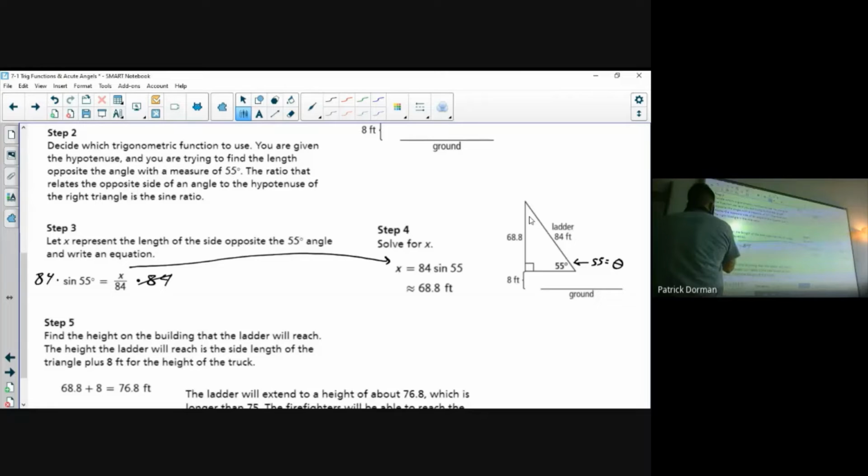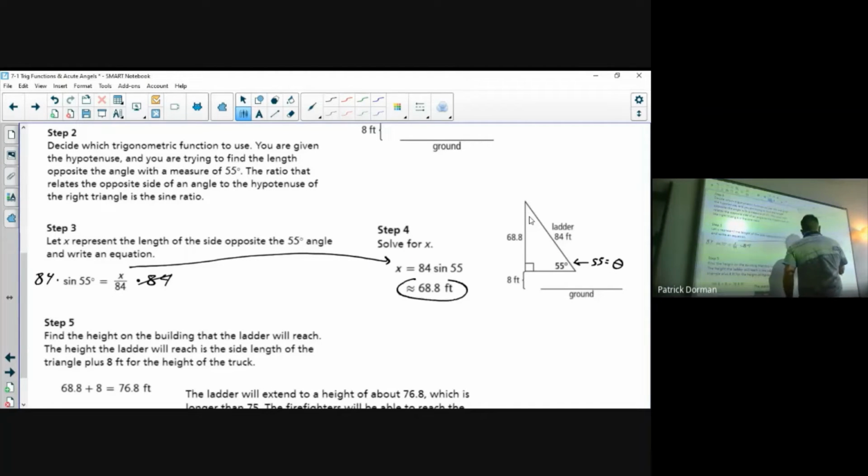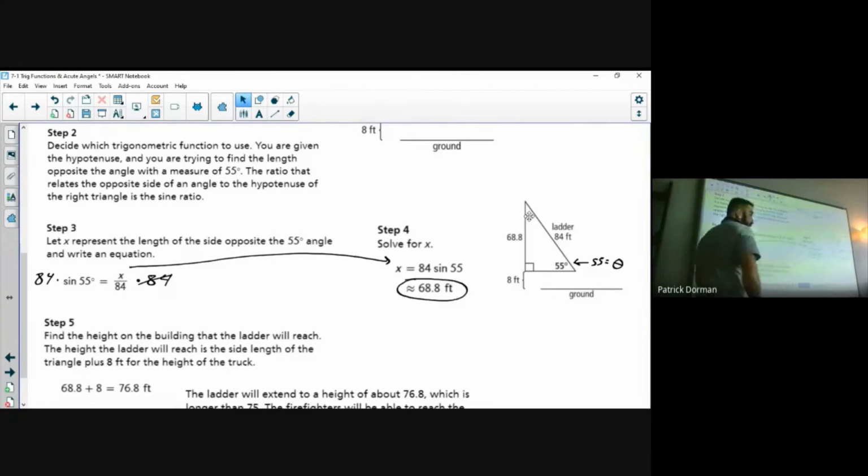Then those cancel. And you're like, well, how do we get this value from that? And the answer would be getting out your handy dandy calculator. So let's go ahead and do that.